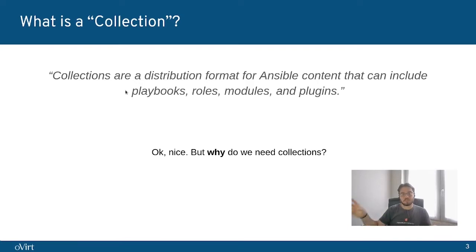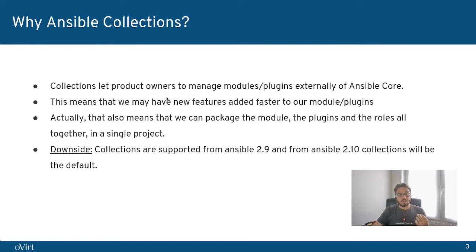We could have done that by putting them inside a distribution package or something similar. But why? So do we need collections? Collections let the product owner, in our case the oVirt team, manage oVirt modules and oVirt plugins externally of Ansible core.